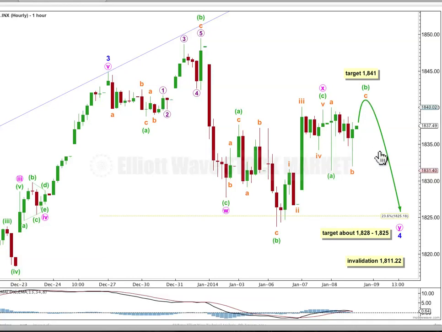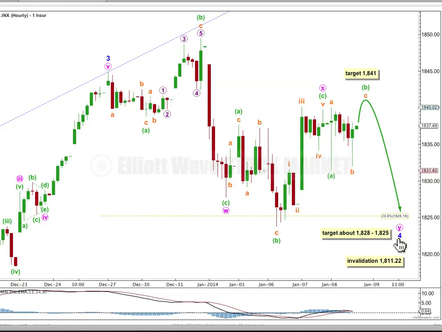After that, I'd expect a 5-wave structure downwards for a C wave. If it ends about 1828, then minute wave Y will end about the same level as minute wave W, so that's my expectation. It may reach slightly lower down to the 0.236 Fibonacci ratio at 1825.